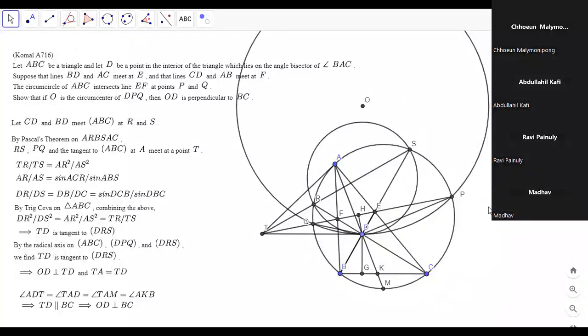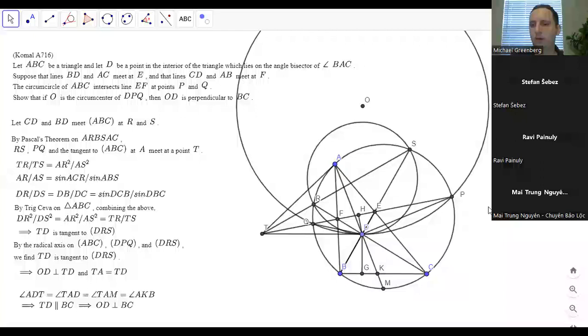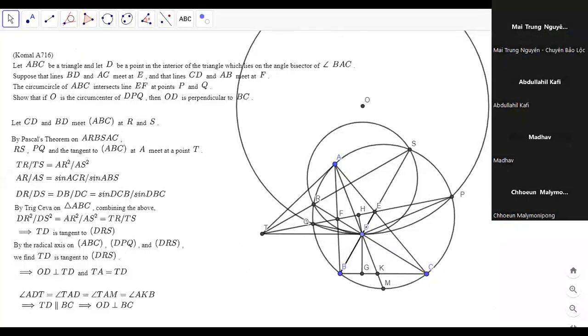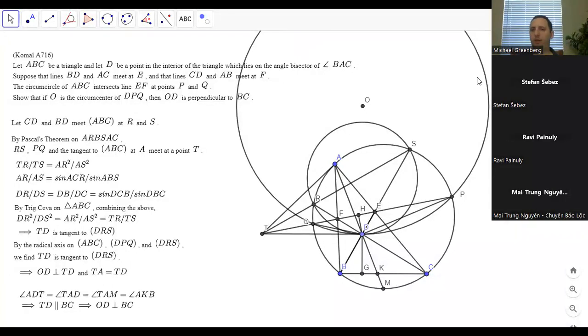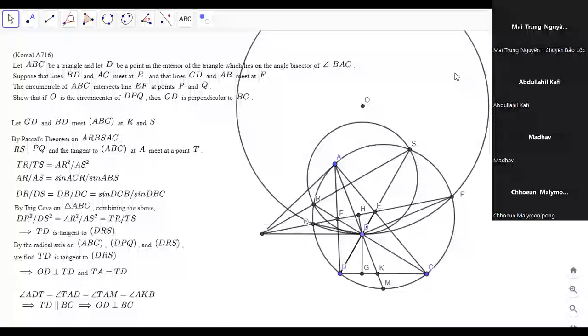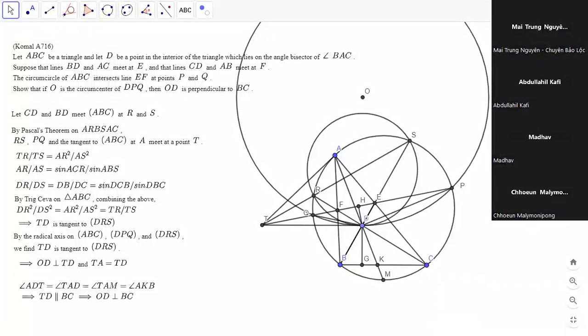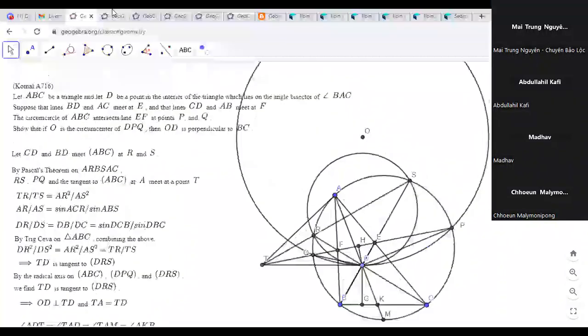Also, you're on mute if you're trying to talk. All right, we can move on to the next problem, and then towards the end of the session, we can go back and find the projective solution. But so yeah, this is very cool. I like the use of trig Ceva.